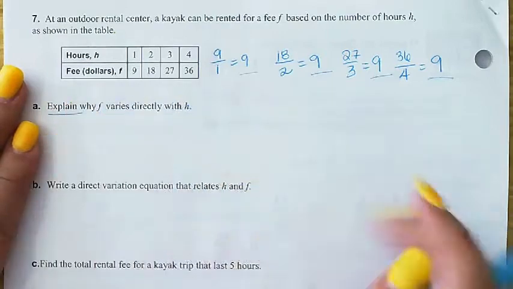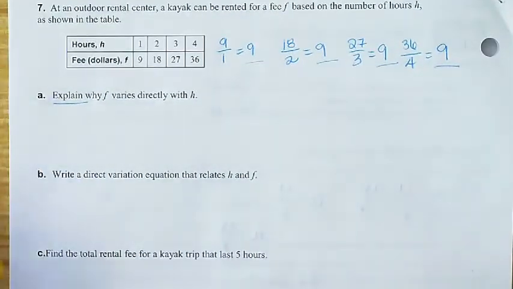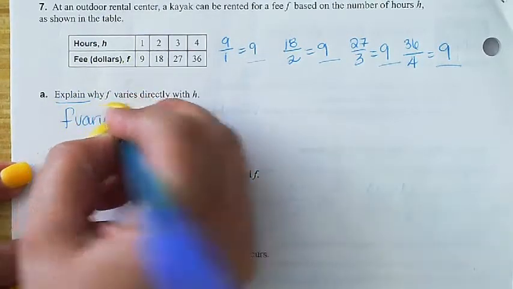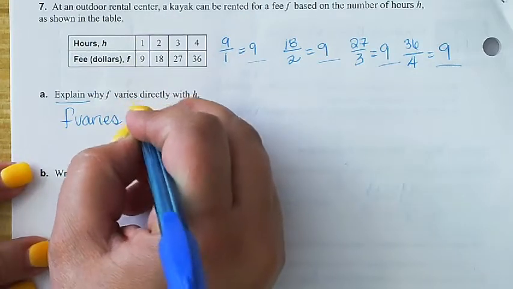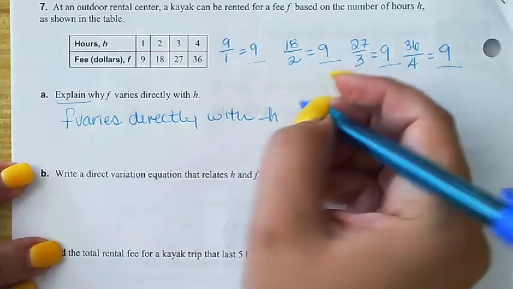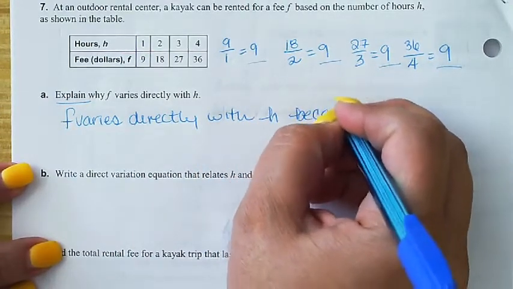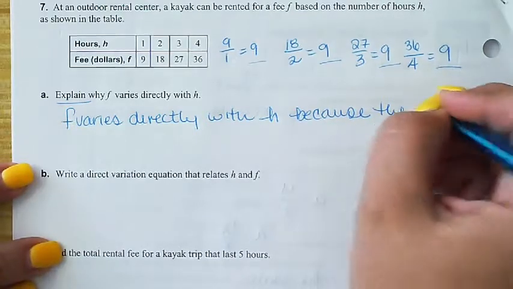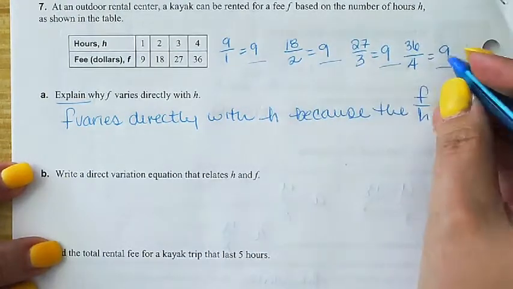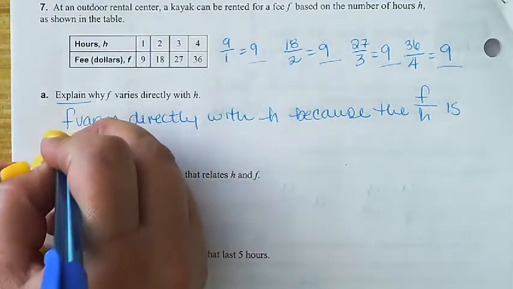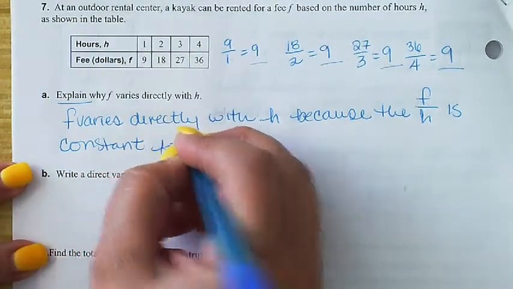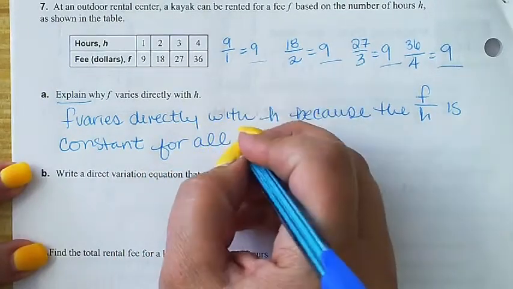So when we explain this, because that's what they asked us to do, we can say f varies directly with h because the f to h ratio that we just checked all the way across here is constant, meaning it doesn't change, and so it's constant for all the values in the table.